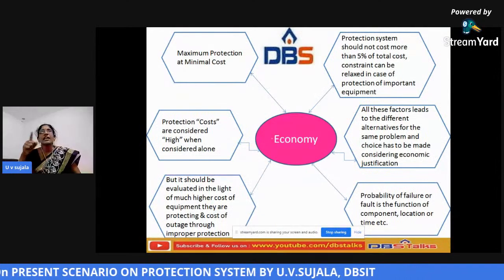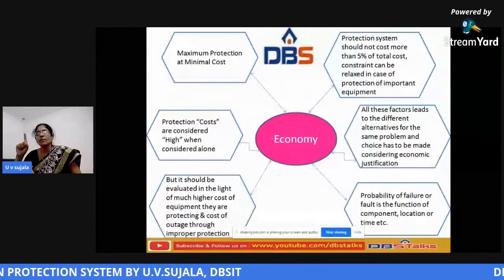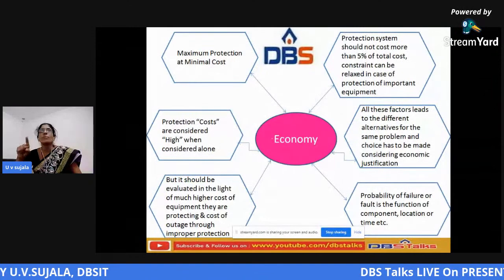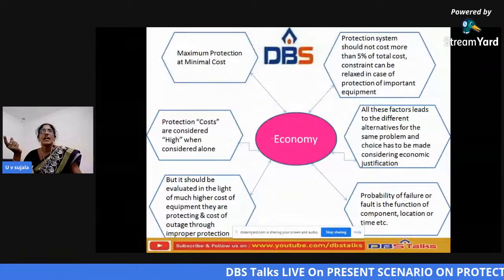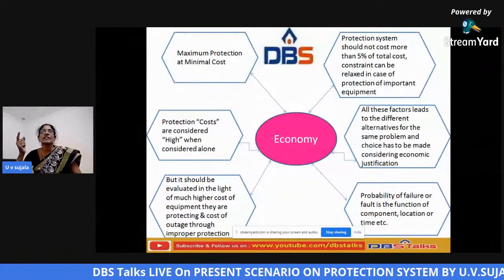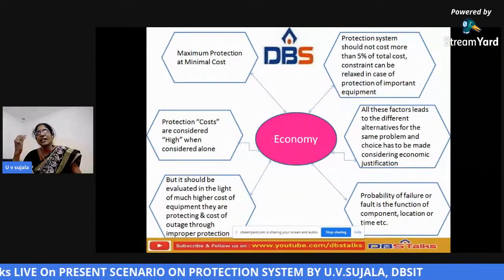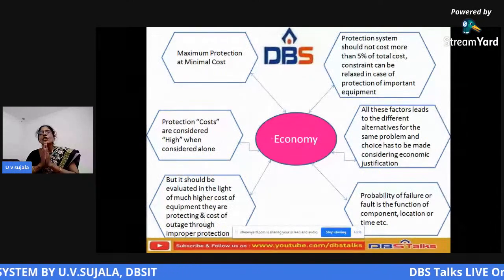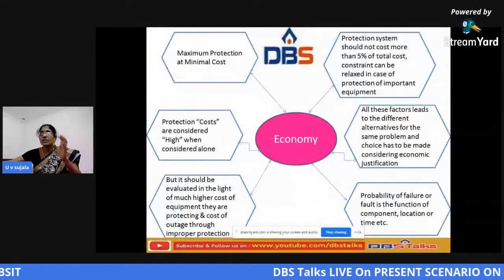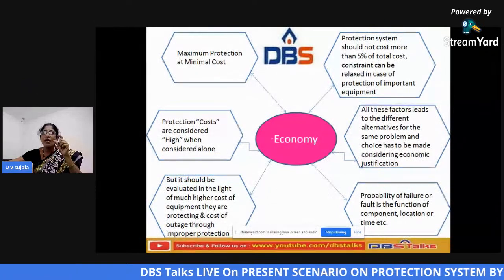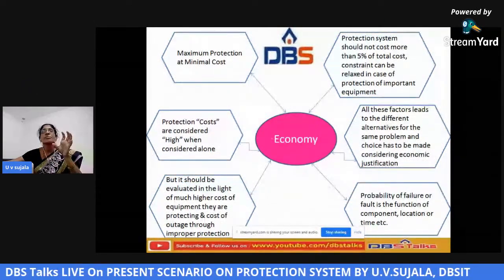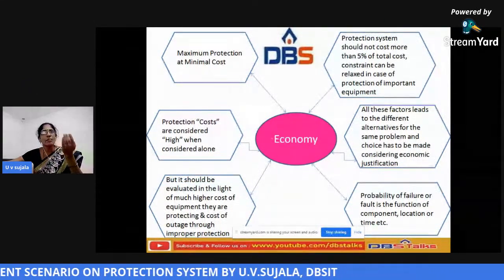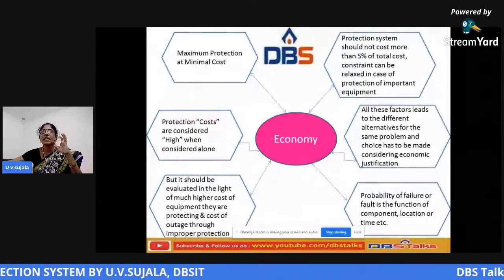So the protection economy means maximum protection at minimum cost. Whenever we take any system to protect, we have to consider how much the cost will be. So we have to do complete protection but with minimum cost.